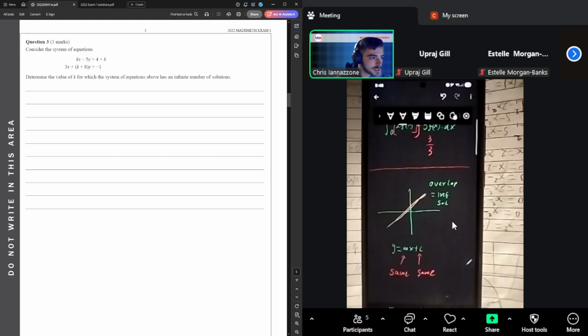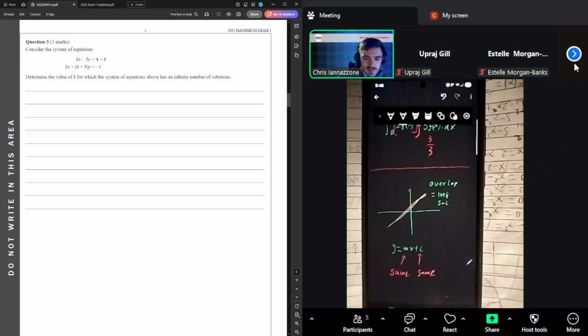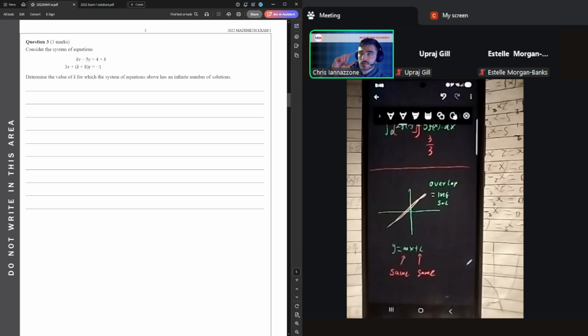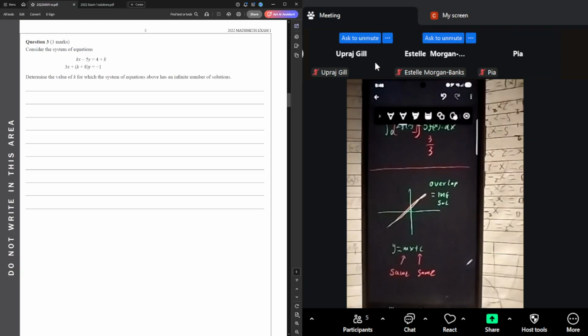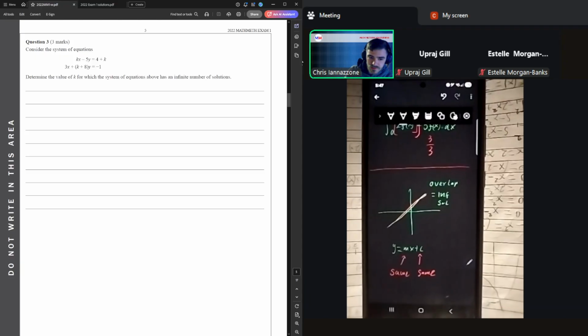So compare gradients and y-intercepts, and figure out which k value would cause both gradients to be identical and both y-intercepts to be identical. They don't all have to be the exact same number, just the gradients the same and the y-intercepts the same.